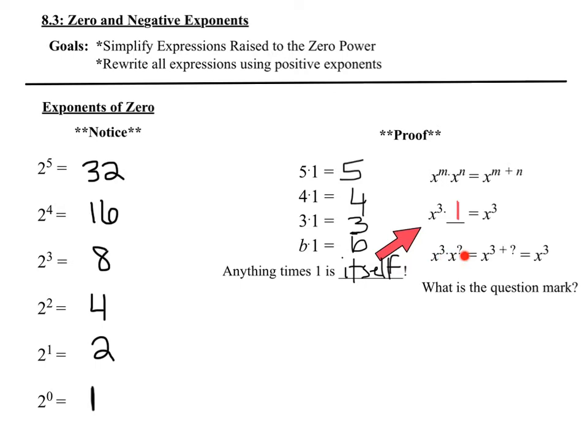If I want to add the 3 and the question mark and end up with a 3, the only number that could be is 0, because 3 plus 0 is 3. So then x to the 0 had to be 1. These two things had to be equal. So anything to the 0 power is going to be 1.